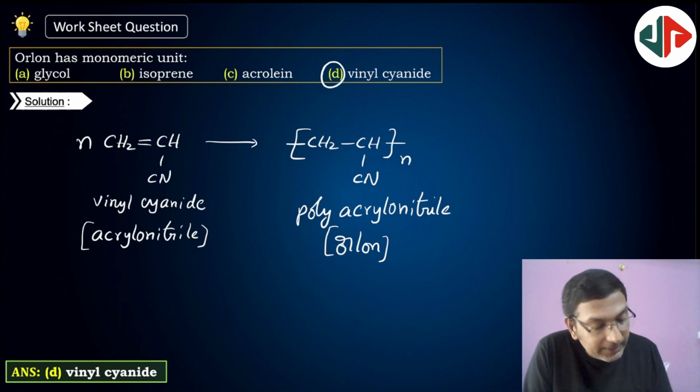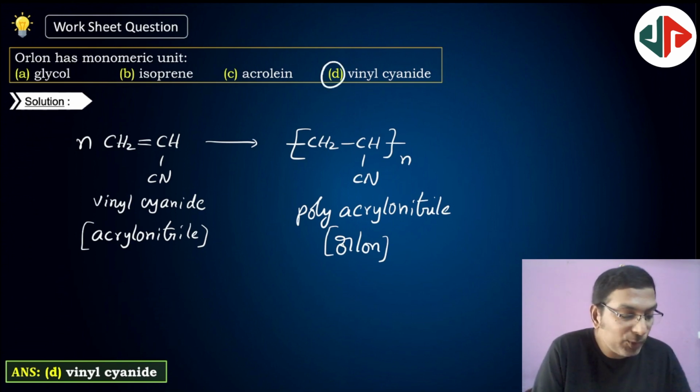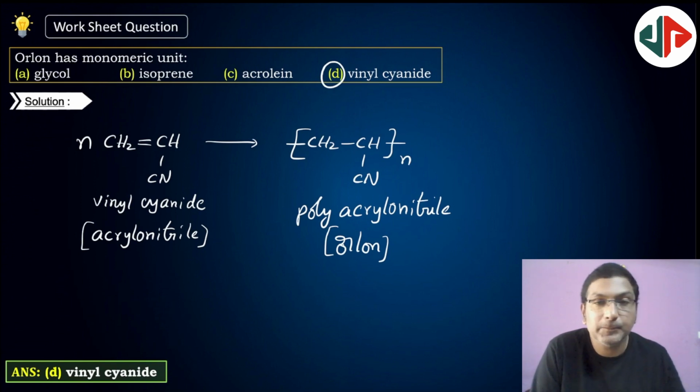So option D, vinyl cyanide is monomer in Orlon. Next.